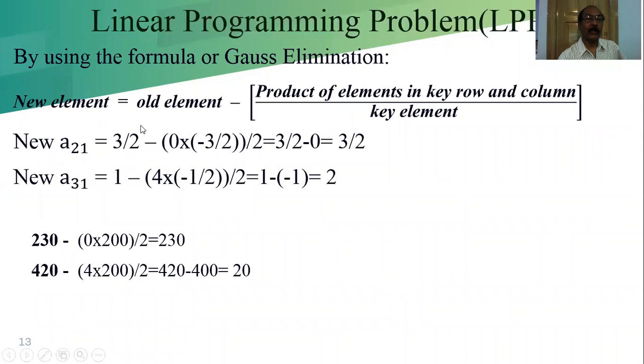This is the calculation I showed here. 3 by 2 is 3 by 2, 1 minus this is 2, and 230 will be 230 and 420 will be 20. That I already explained. So a few calculations are here, and with the help of this formula we have to calculate the other elements.